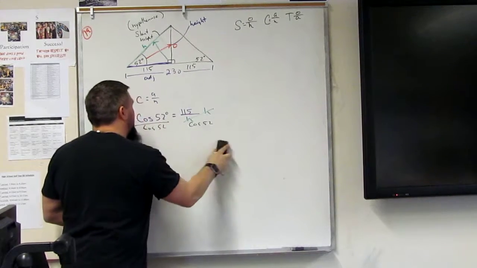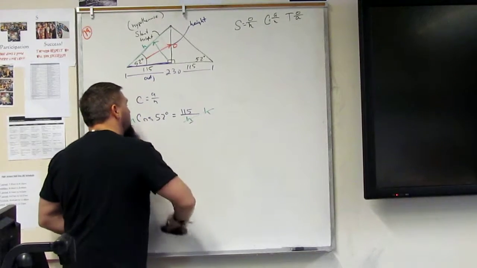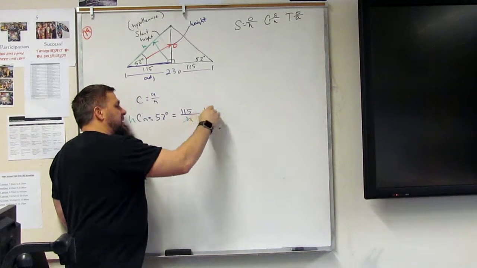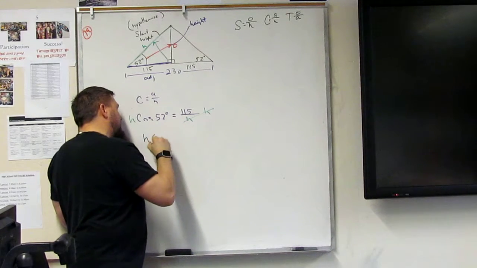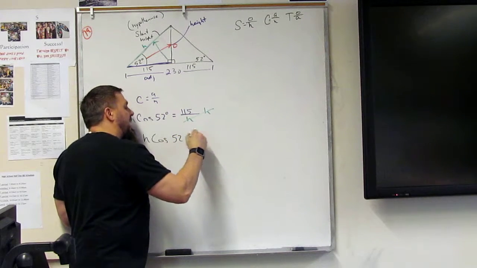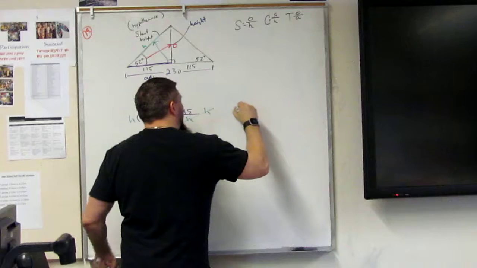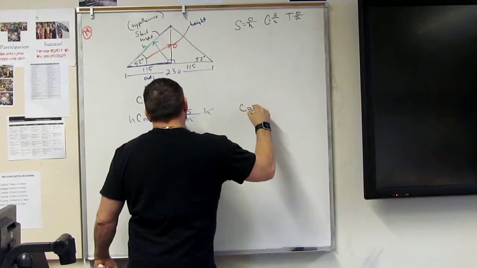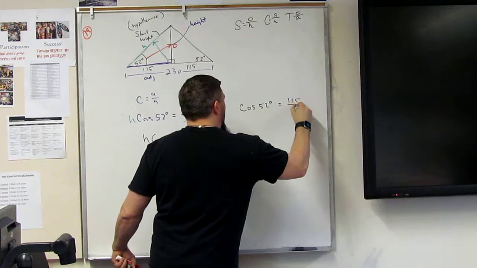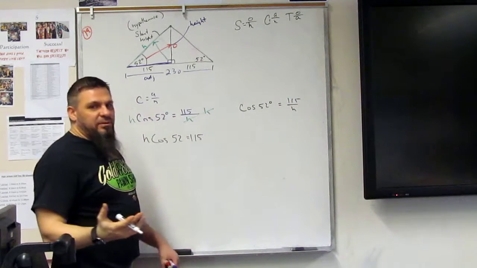Let me show all those steps because maybe I'm confusing you. So we multiply by H. This cancels out, so I get H cosine. If you do it the other way, you said if you flip it. Yeah, that's what we're talking about. So cosine 52 degrees equals 115 over H. Yeah, you get the same either way.